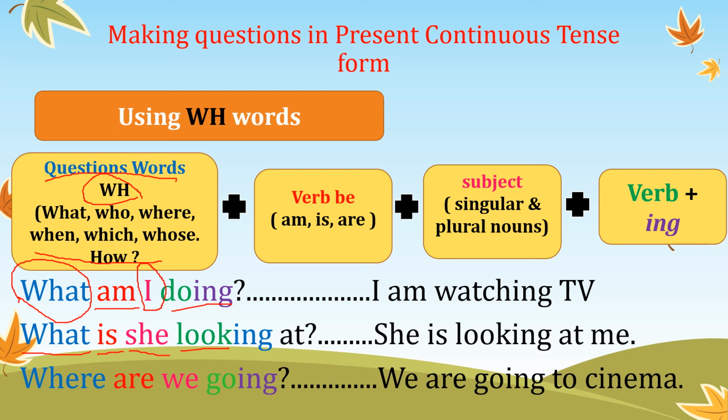And then number 3, we want to use where, the WH word. Where, and then followed by verb be, are, and then plural noun or subject, verb ing. So where are we going? The answer will be open. We are going to the market. We are going to the cinema, because it's an open question.